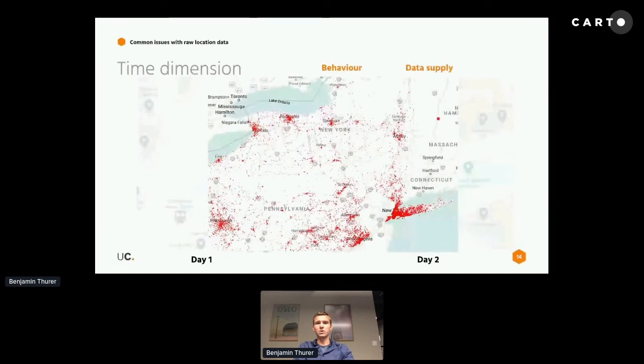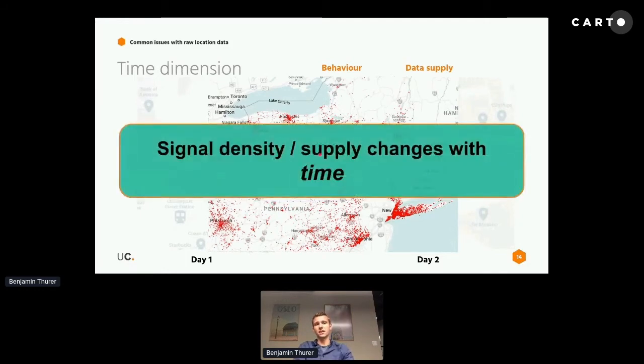And to come back to the data supply, that can also change over time. So it could be that on day one, we have this issue between areas and supply, but on the next day, it could be all fine and gone. So we also have the situation that we cannot trust the location data density and supply over time.